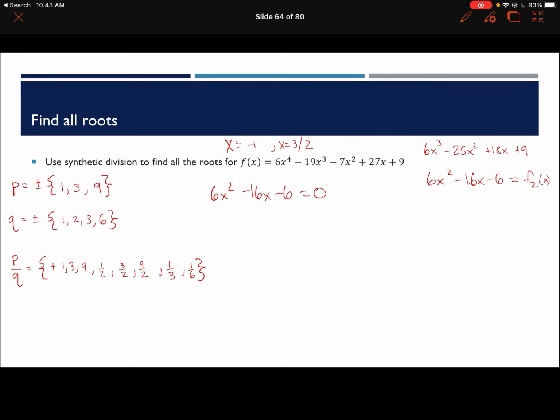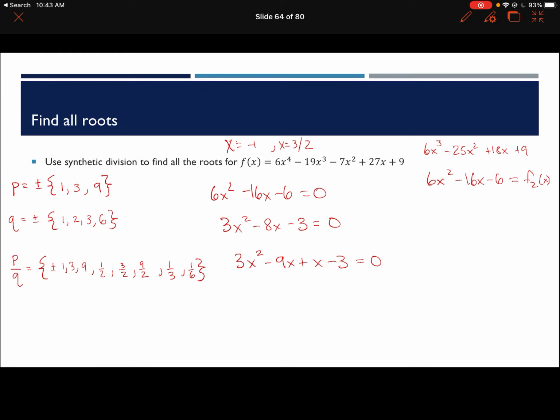First thing you can do is take out a 2. So that will give us 3x squared minus 8x minus 3 equals 0. So we're looking for factors of -9 that add to be 8. Let's make that 3x squared minus 9x plus x minus 3 equals 0.